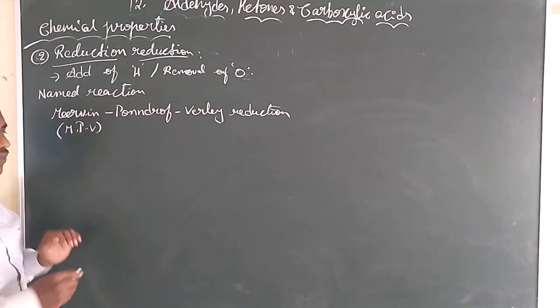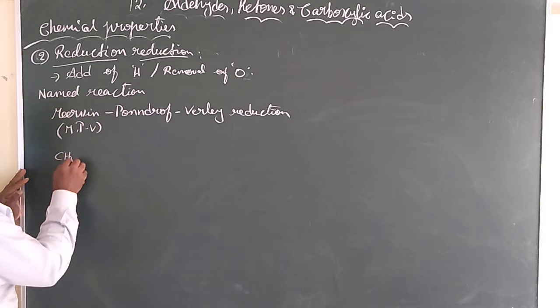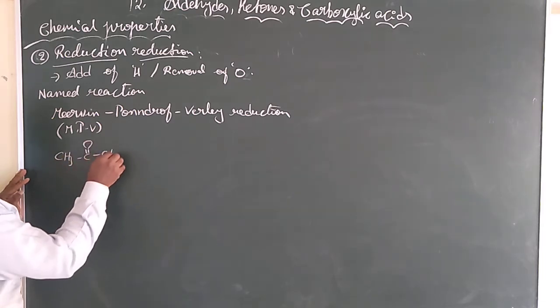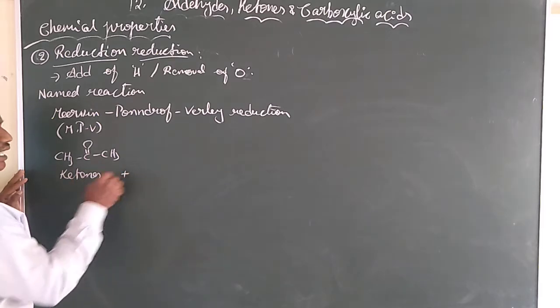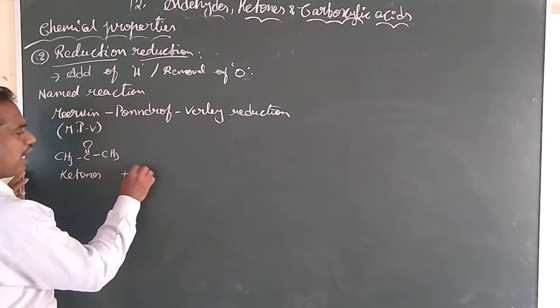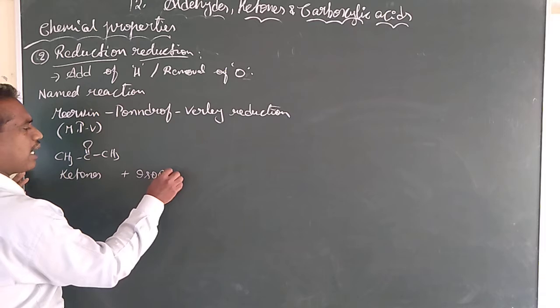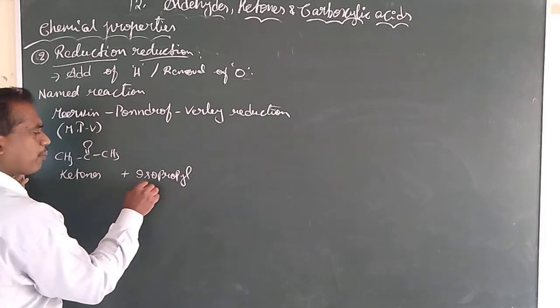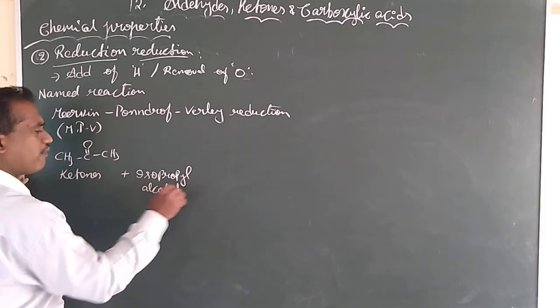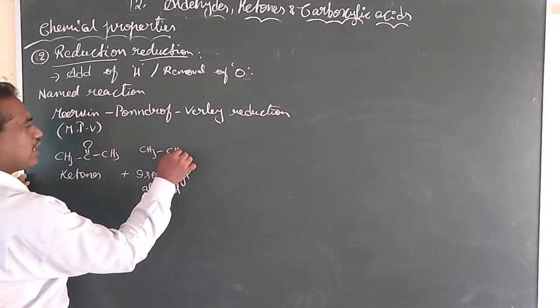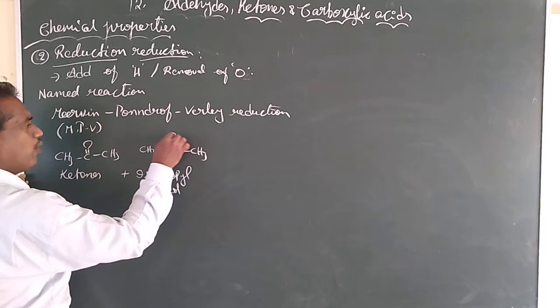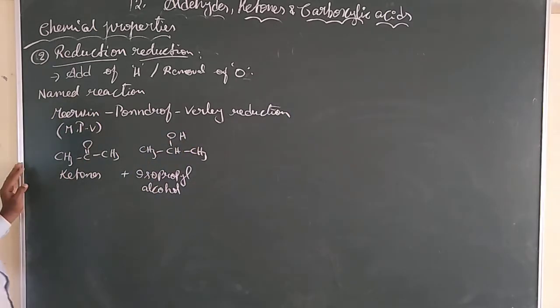What will happen here? Any ketone you select, when treated with isopropyl alcohol. What is the formula of isopropyl alcohol? (CH3)2CHOH. This is called isopropyl alcohol.